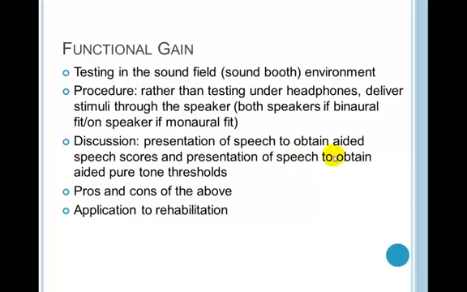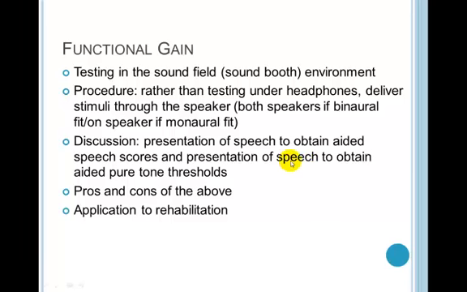So let's talk about the tones. We can't present pure tones through the speakers, because of the acoustic makeup of a pure tone, it will break down over the distance between the speaker and the patient. It won't really be at the intensity or volume that we think it is.